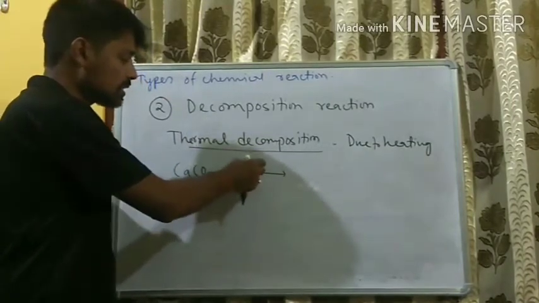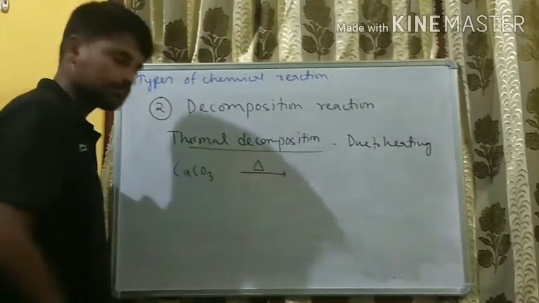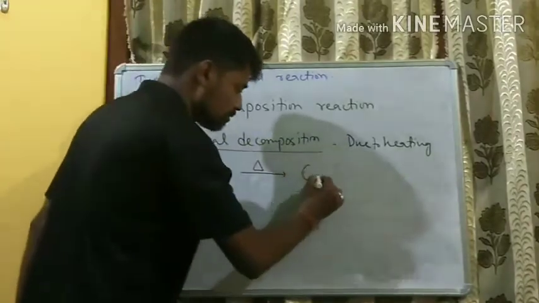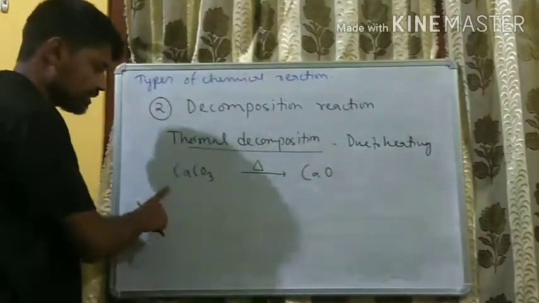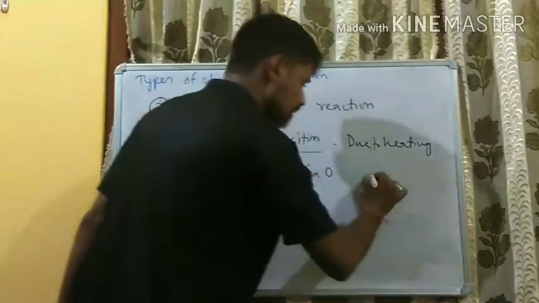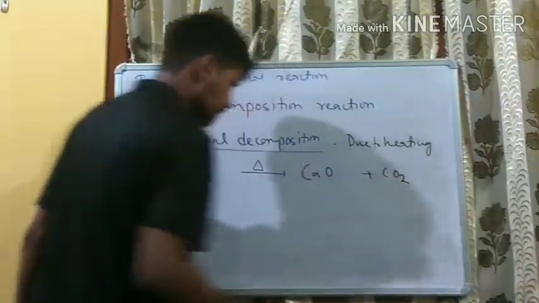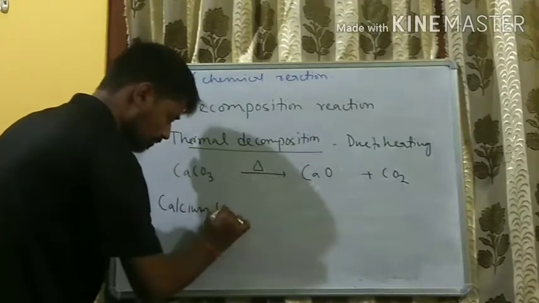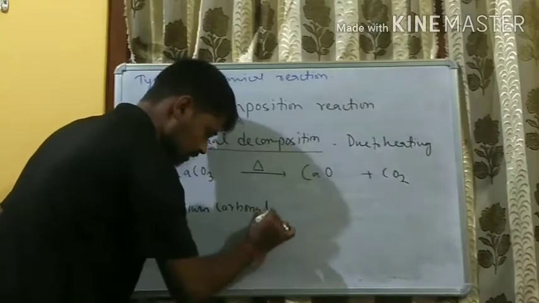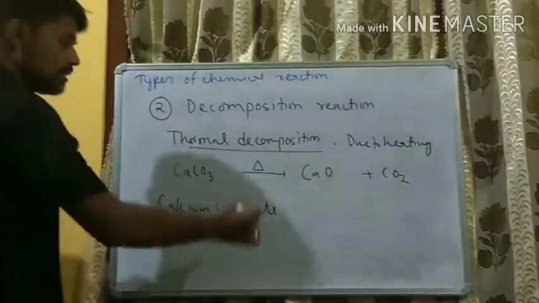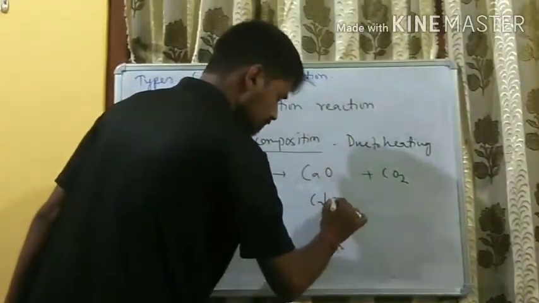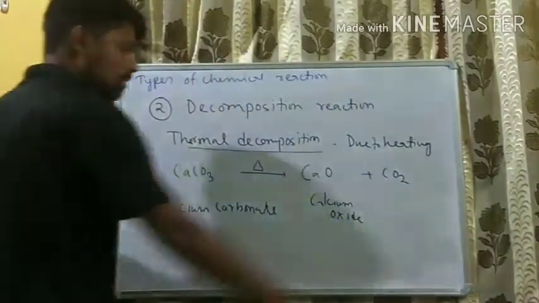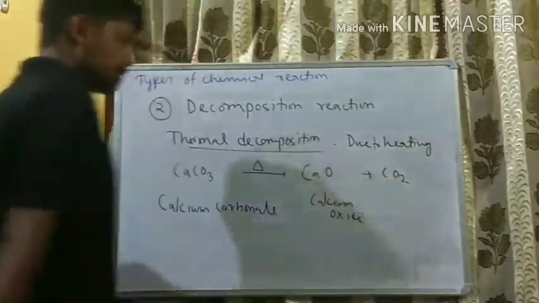So when calcium carbonate undergoes thermal decomposition reaction, it produces calcium oxide and carbon dioxide. Calcium carbonate, calcium oxide, and we know that CO2 is carbon dioxide.